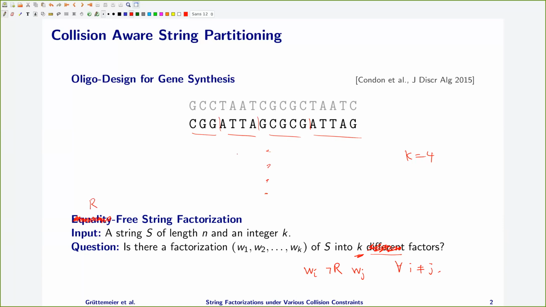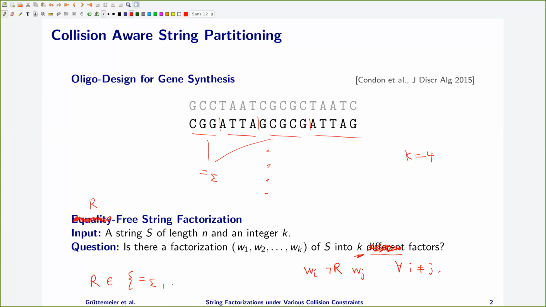There are several concrete variants of this R that we consider in this paper. One is having the same alphabet, which we denote by an equality with a sigma. In that case, these two strings would be equal with respect to this relation, and so they would collide in this variant of the string partitioning problem.